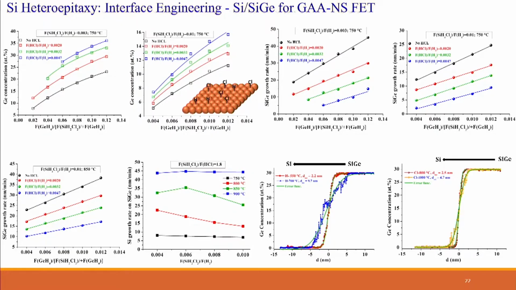The next you see, let's take this curve. We are increasing the germanium flux, and here are the graphs for different concentrations of HCl. So how did we introduce chlorine? I forgot to say that. We've switched from disilane to a precursor called dichlorosilane that has two chlorine atoms. And we also deliberately introduced some HCl gas into the chamber.